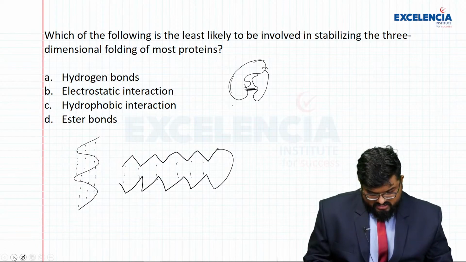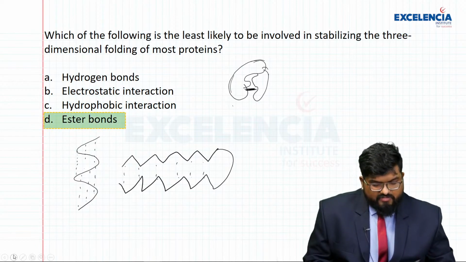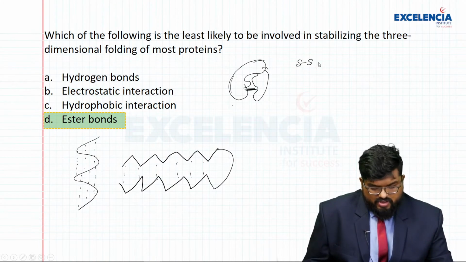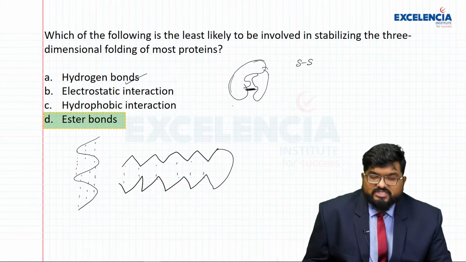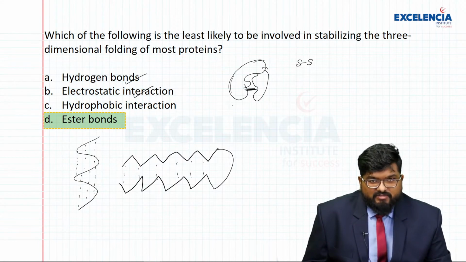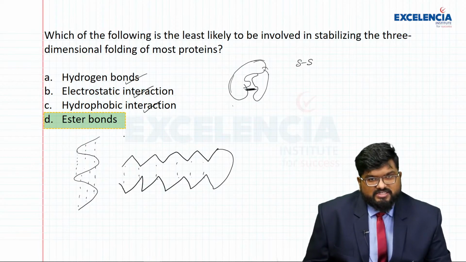These hydrophobic interactions are majorly disulfide bridges. So we have hydrogen bonds that stabilize the structure, electrostatic interactions and salt bridges that stabilize the structure, and hydrophobic interactions that stabilize the structure.